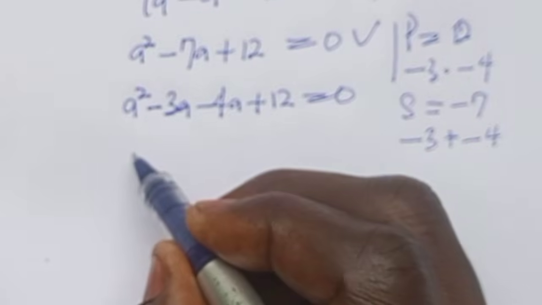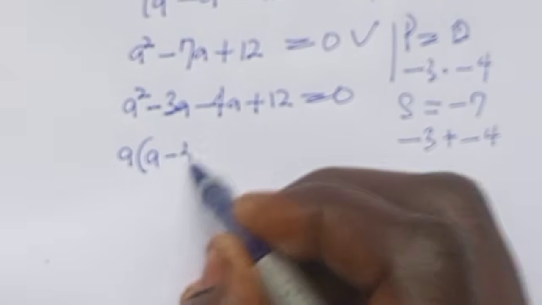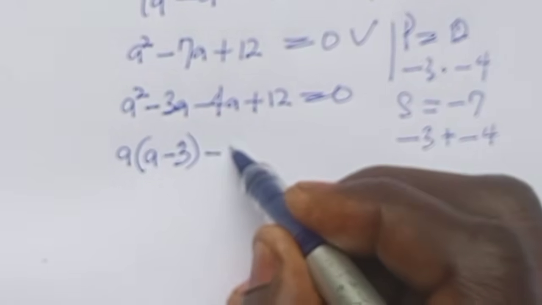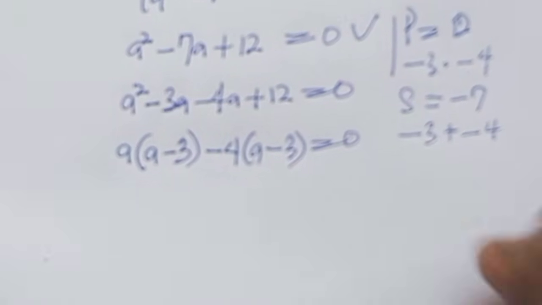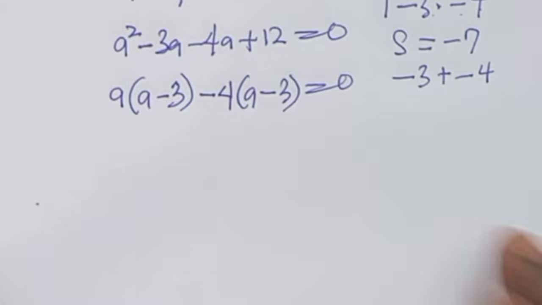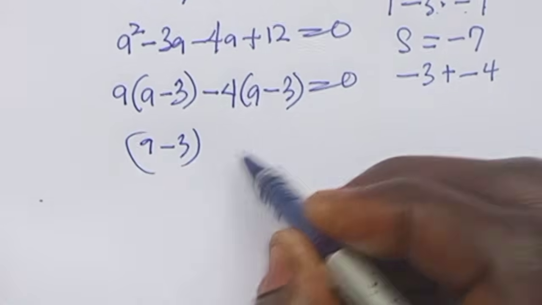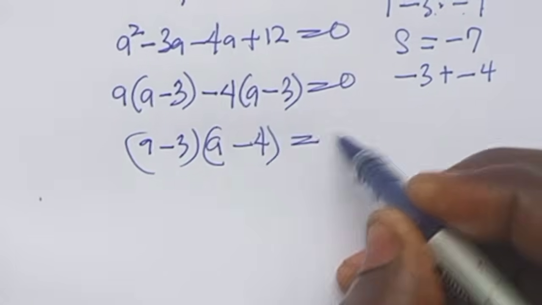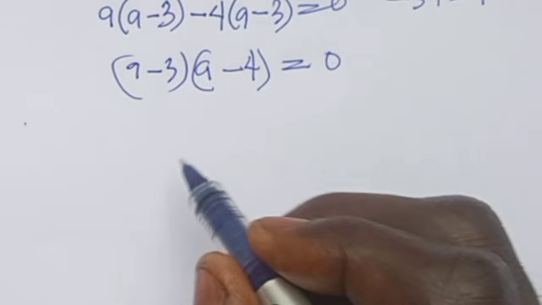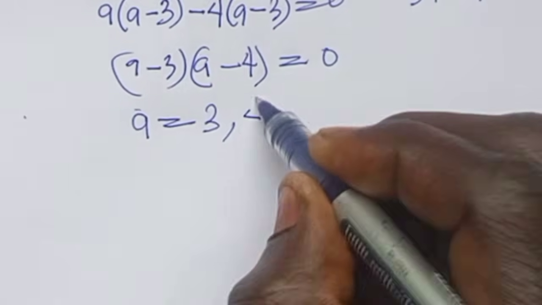And if we factorize this, we have a into a minus 3 and minus 4 into a minus 3 equals 0, and we are very fine. So the factors therefore are a minus 3 and a minus 4 equal to 0, so that the values of a will be equal to 3 and 4.